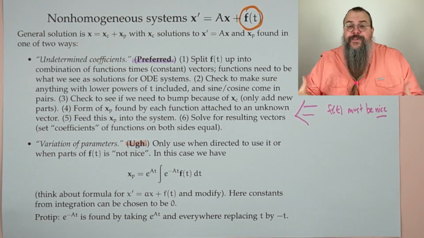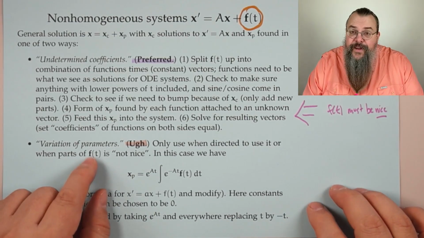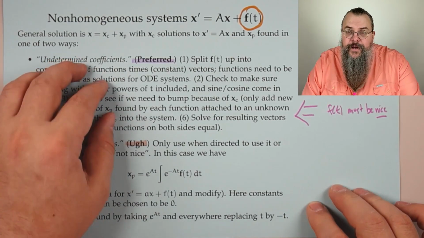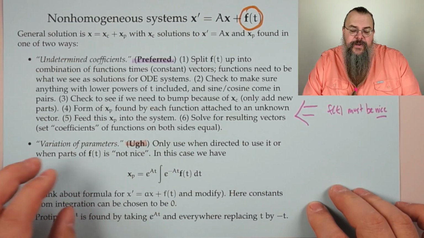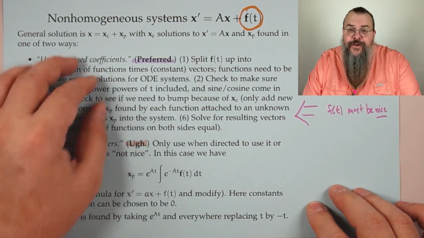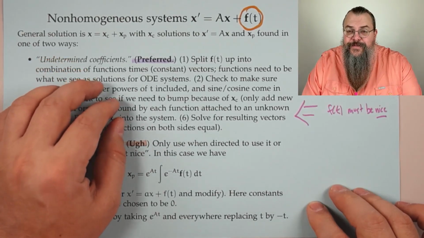Now, what's nice about variation of parameters is it's more flexible. Variation of parameters will work when undetermined coefficients will work, but not vice versa. So variation of parameters handles more cases. But if you have a choice between the two, I encourage you, stick with undetermined coefficients.